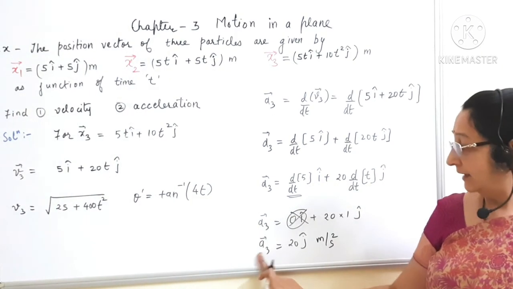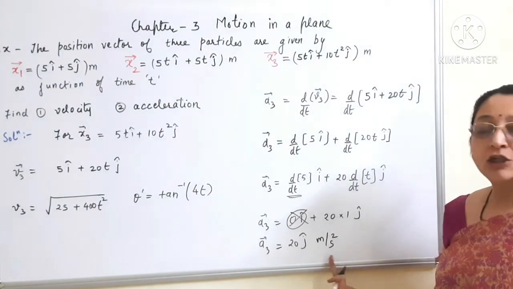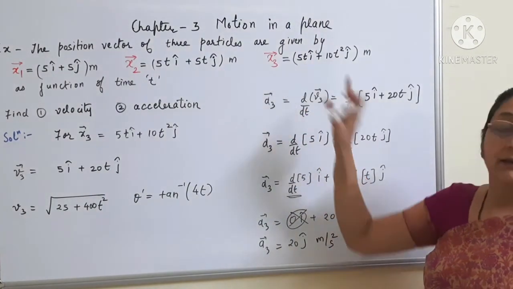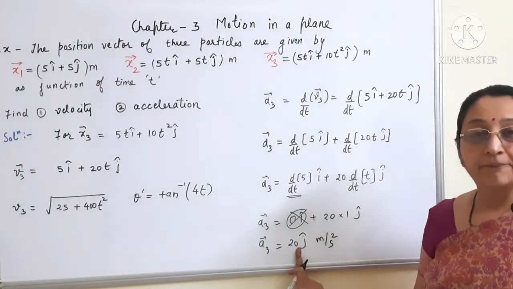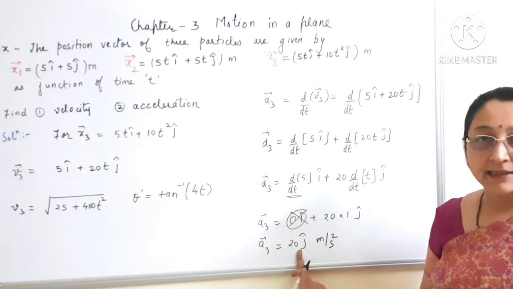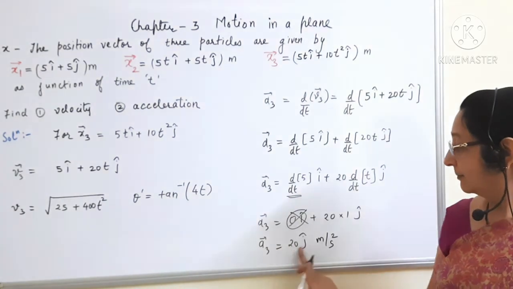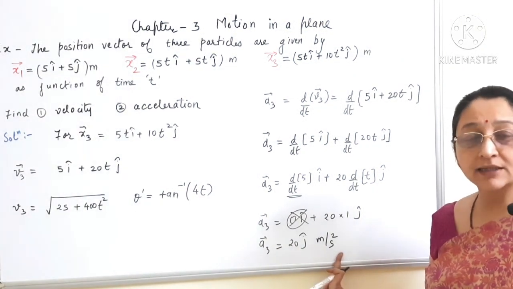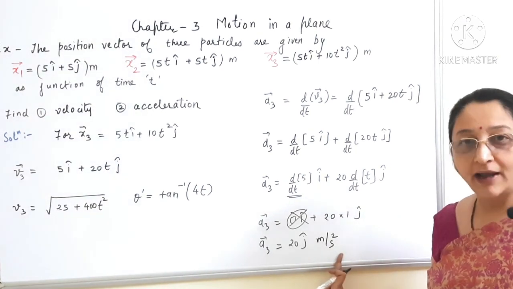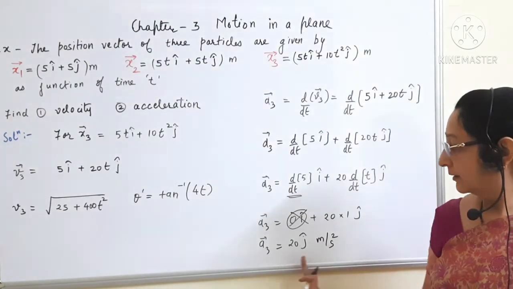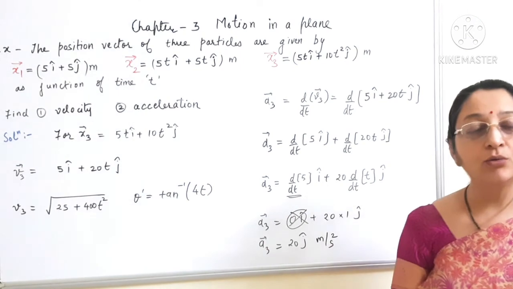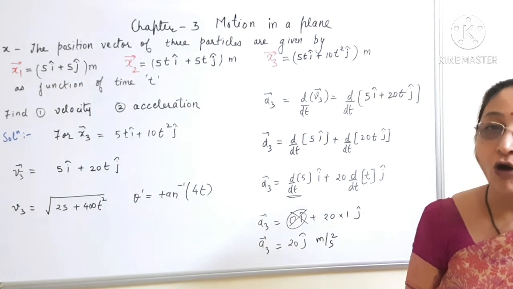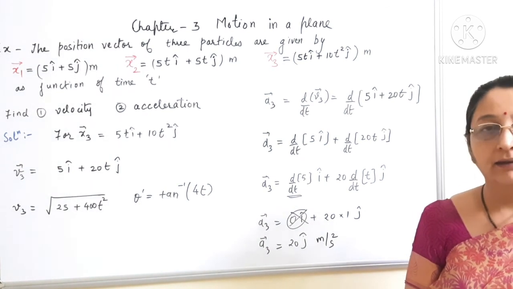The particle a3 is 20j meters per second square, चा आपण कसं इंटरप्रेट करू शकतो की the third particle is getting accelerated along the y-axis at 20 meters per second square. म्हणजे acceleration आहे 20 meters per second square, direction आहे along the y-axis. So in this way we have found the displacement, the velocity and acceleration for all the three particles. Thank you.